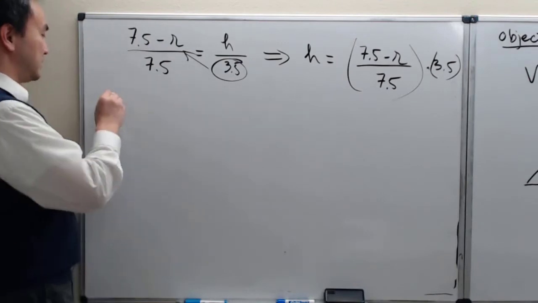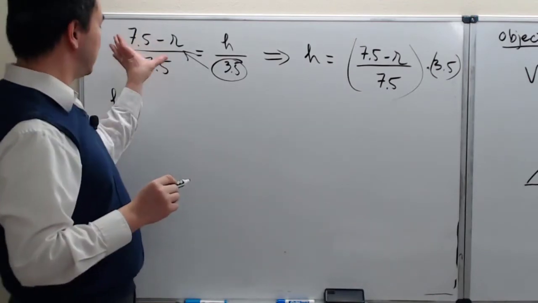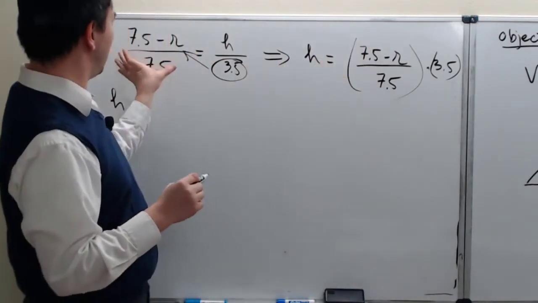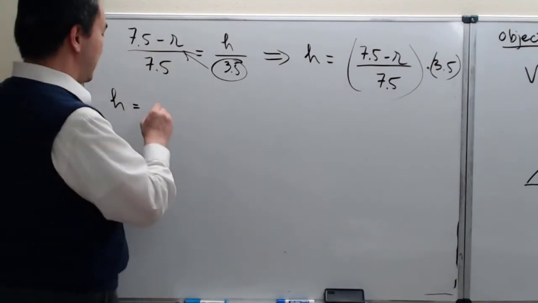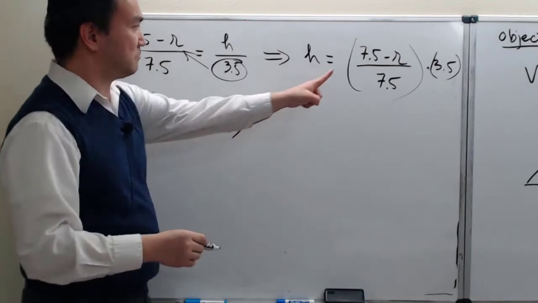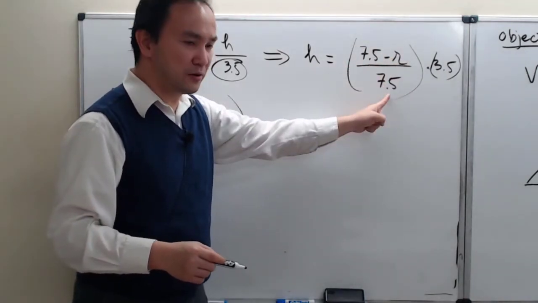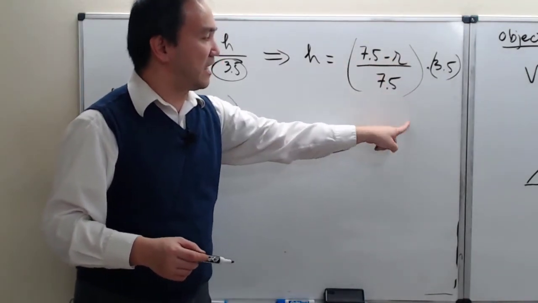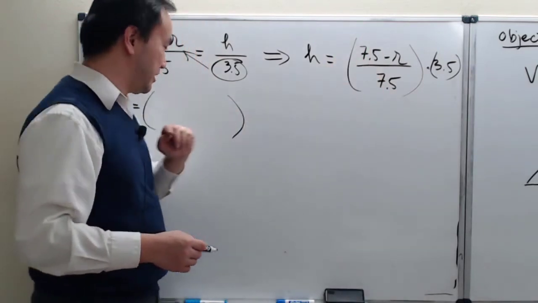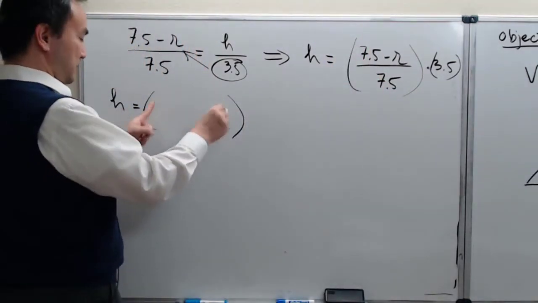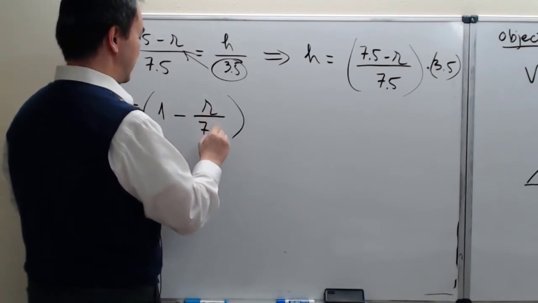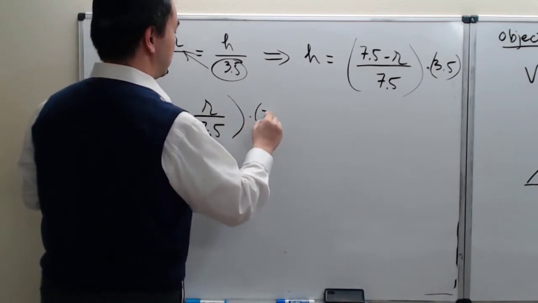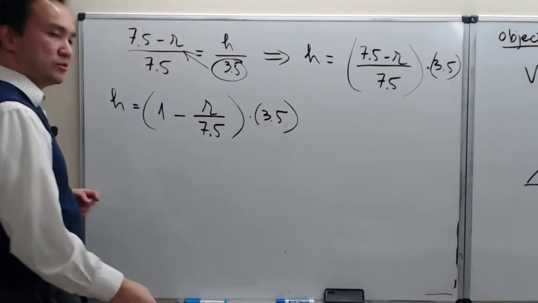And so further, as I said earlier, this part right here, originally the left-hand side of our equation, we can break down as two terms in the numerator over one common denominator. So we can algebraically break it down into two separate terms. So inside the parentheses here becomes 1 minus r over 7.5, multiplied by 3.5.